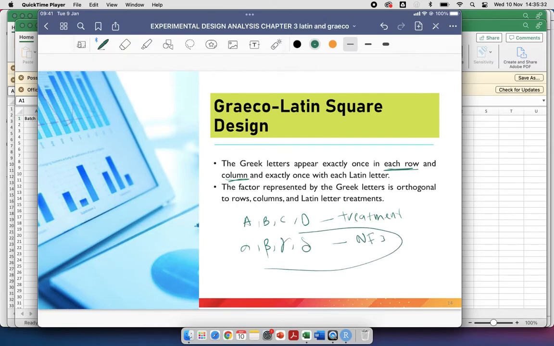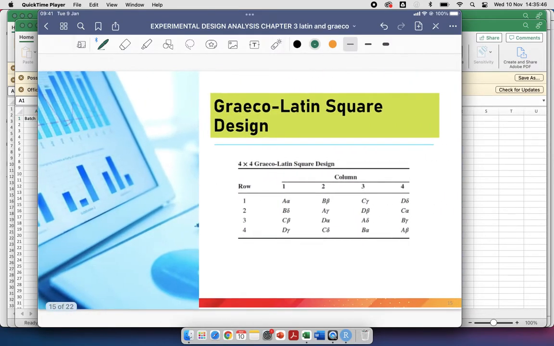Greek letters are the same, they appear once in each row and column, so they sit beside each other, like A with beta, or B with eta and so on. This is 4 times 4. If you have 4 rows, there must be 4 columns, 4 treatments, and 4 Greek letters. They must be the same, so it is called orthogonal. It cannot be that the row is 3 and the column is 2. It must be square.